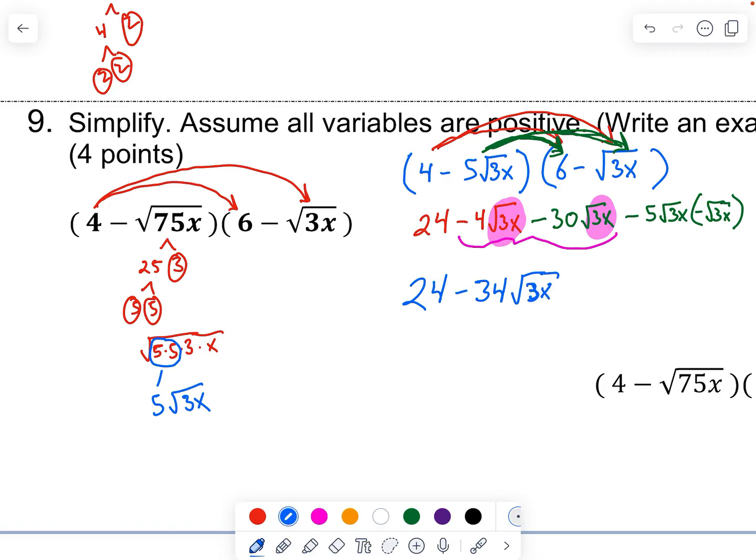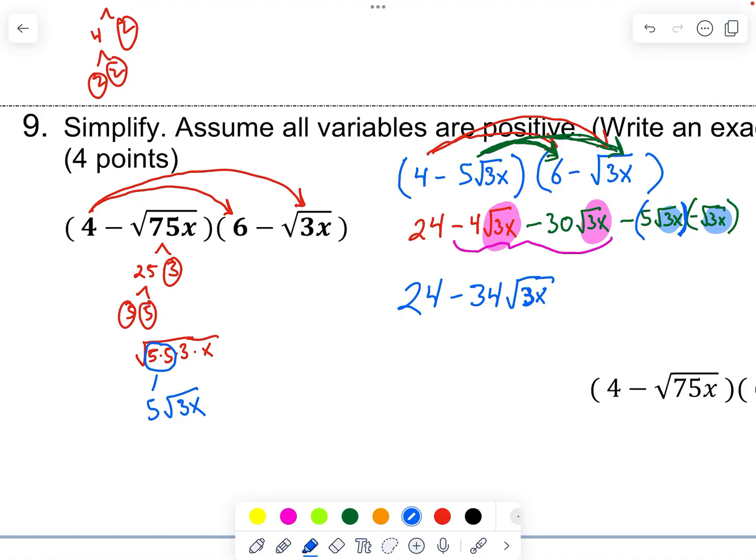And I kind of left this multiplied out here because, notice, I have a square root of 3x times another square root of 3x. That's a pair, and a pair comes out as just one of those.